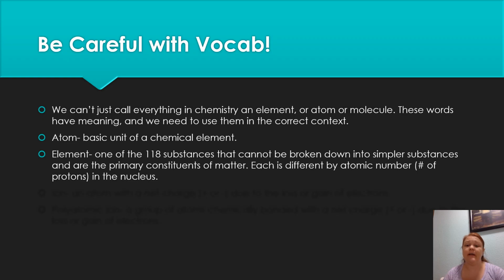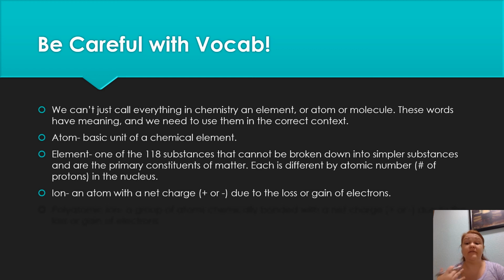Each is different by its atomic number, which is the number of protons in the nucleus. So we can tell if it's an atom of hydrogen versus an atom of helium based on our number of protons. They are both atoms, but they're atoms of different elements, right? Different identities. Then we have the term ion.